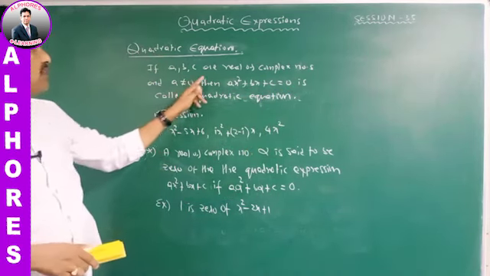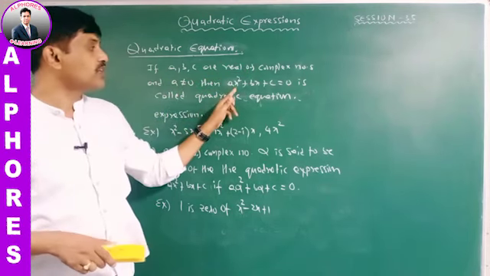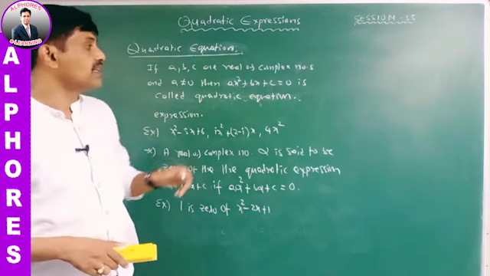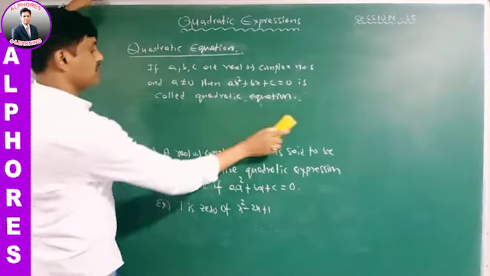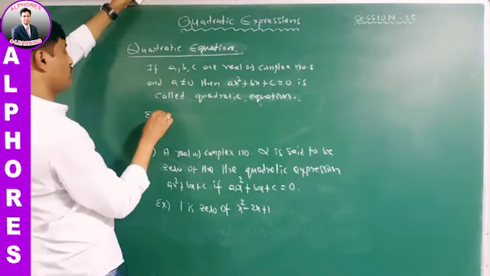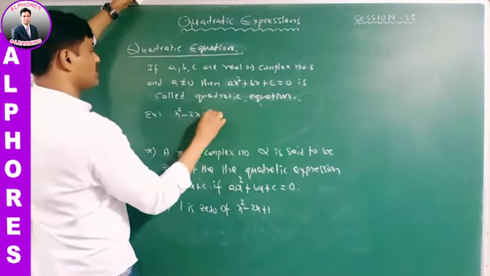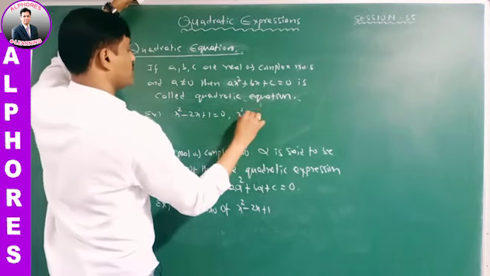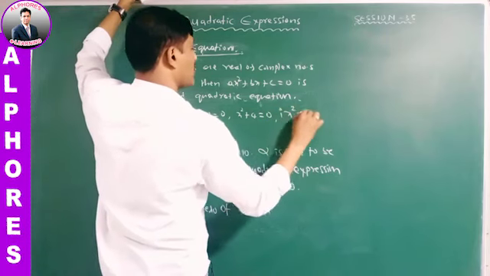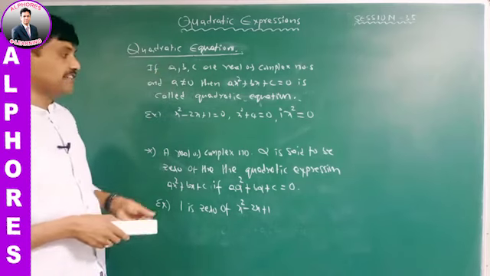If a, b, c are real or complex numbers and a not equal to 0, then ax square plus bx plus c is equal to 0 is called a quadratic equation. Here we take examples: x square minus 2x plus 1 is equal to 0, x square plus 4 is equal to 0, x square is equal to 0. These are all quadratic equations.